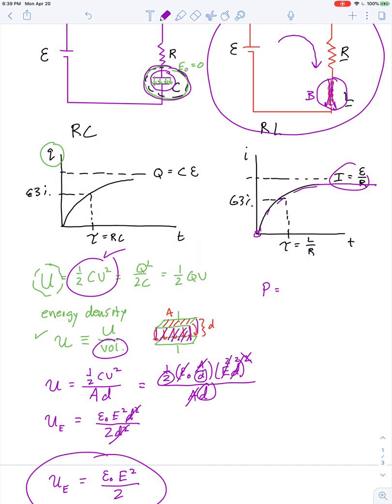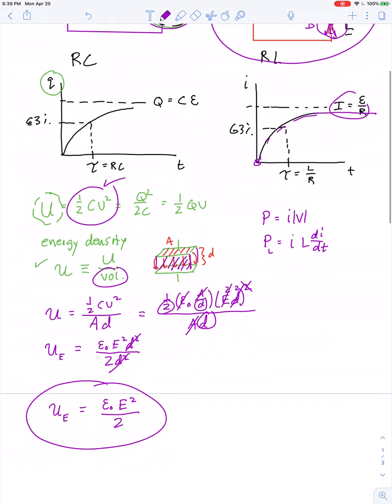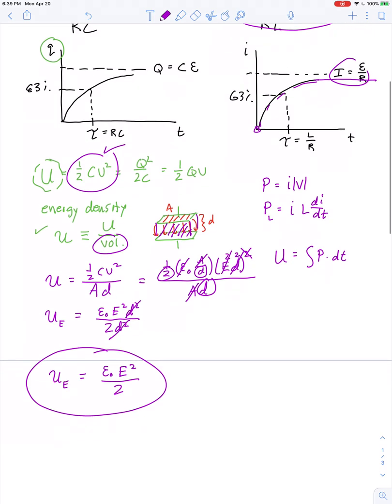Power is equal to current times voltage. So let's try to figure out the power of the inductor. So it's equal to current times the voltage of an inductor, which, in magnitude anyway, is equal to L di/dt. Energy is equal to the integral of power in time. So let's put this together.